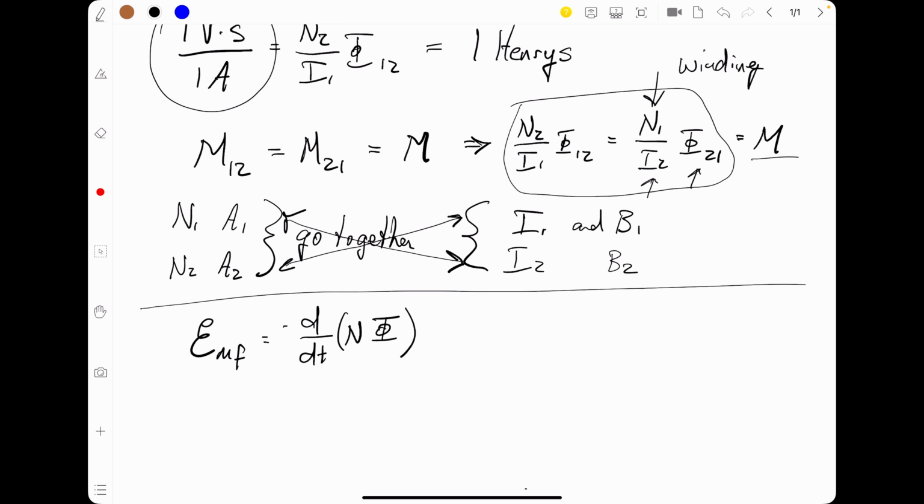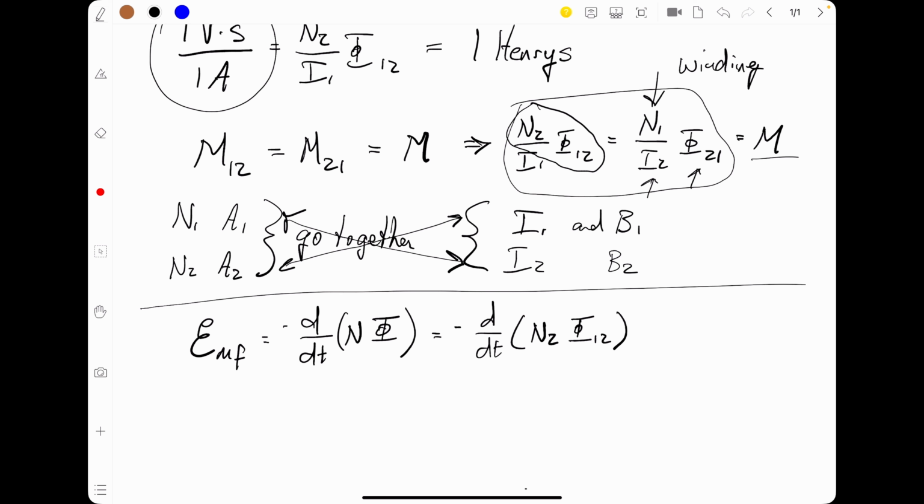And now we can just insert our minus d/dt. We'll put in our numbers. So we've got N2, for instance, and that means I'm going to be dealing with phi 1,2. All right. That's this right here, by the way.